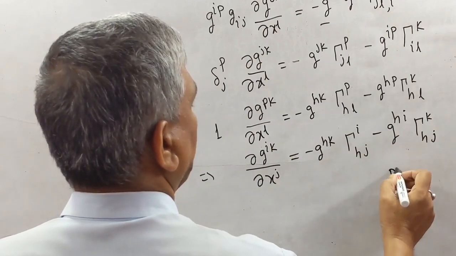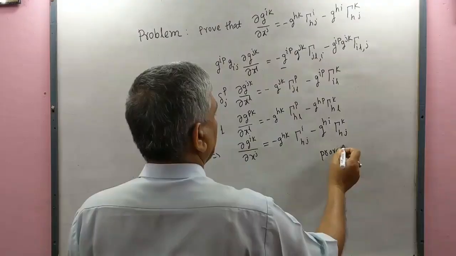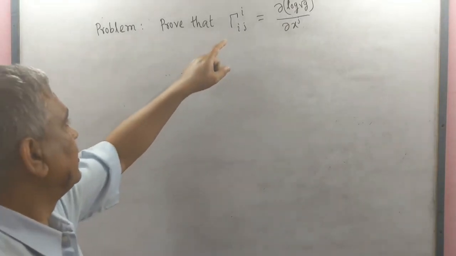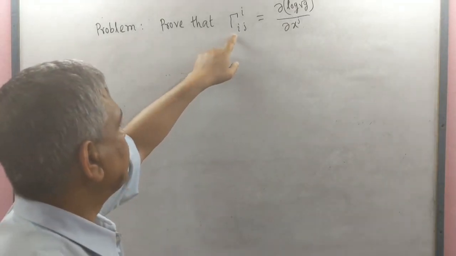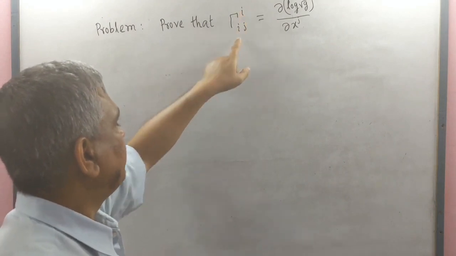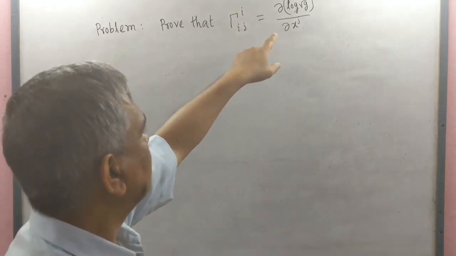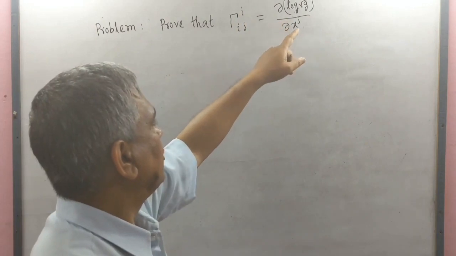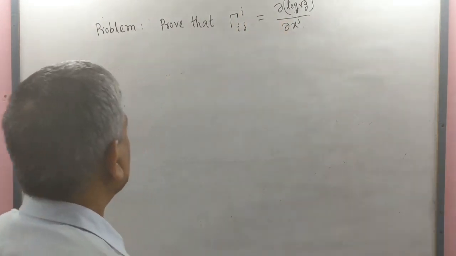So this is proved. We shall prove that Christoffel symbol of second kind in which i is the repeated suffix equal to del log root g by del xj.